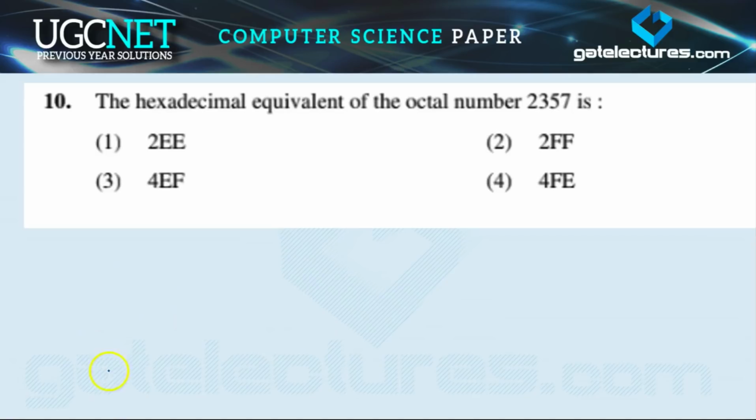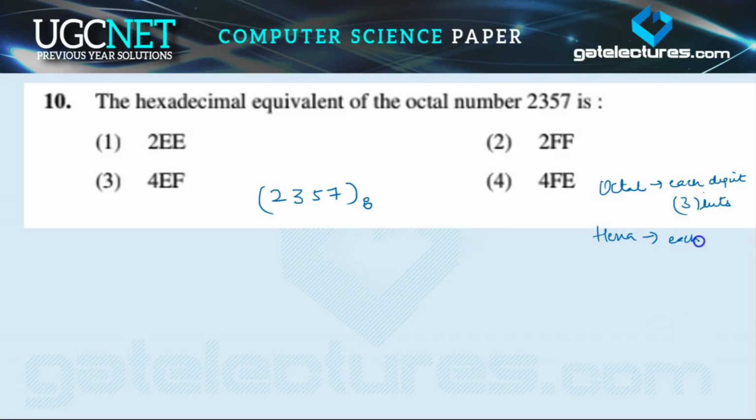Now question number 10: the hexadecimal equivalent of the octal number. So this is your octal number, so it means the base is 8 and we represent each digit with the help of 3 bits. In the octal representation we represent each digit with 3 bits, and in hexadecimal each digit is represented with 4 bits.